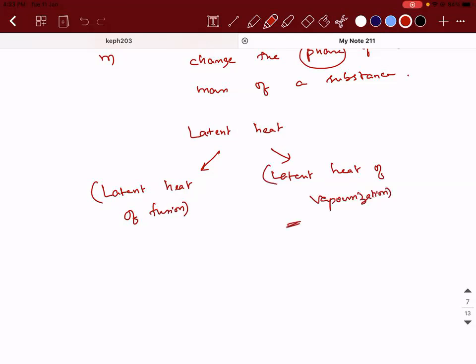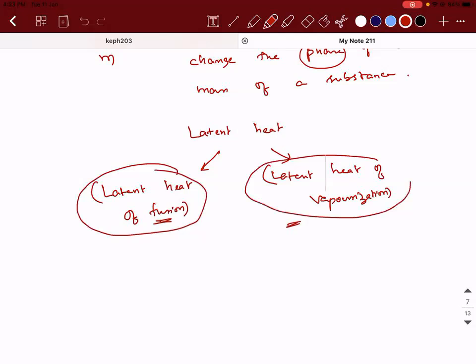Because these are the two phases. Fusion means ice combining together. So whatever energy is extracted for that ice to be formed will be the same amount of energy that you need to supply to convert it to a liquid form. So that's why it is called latent heat of fusion, and the other is called latent heat of vaporization. So wait for some more time, you will be able to understand things better.